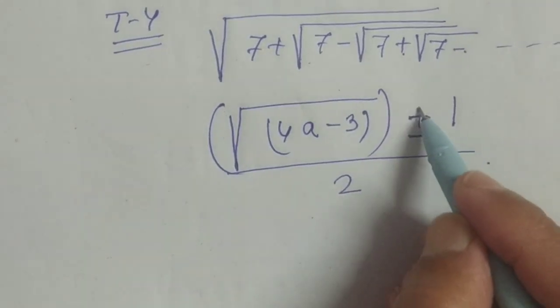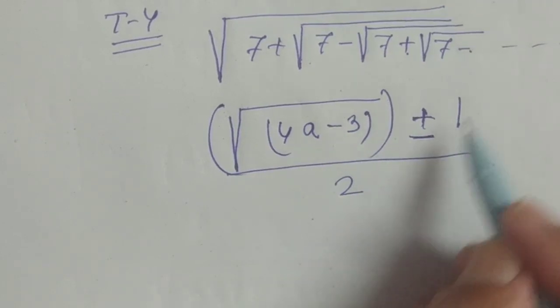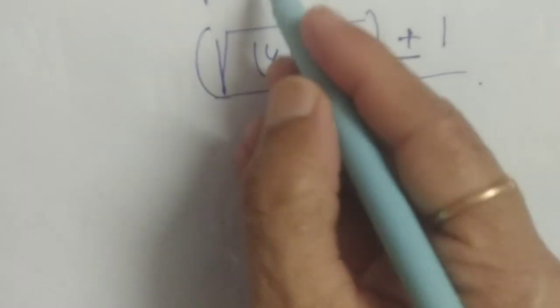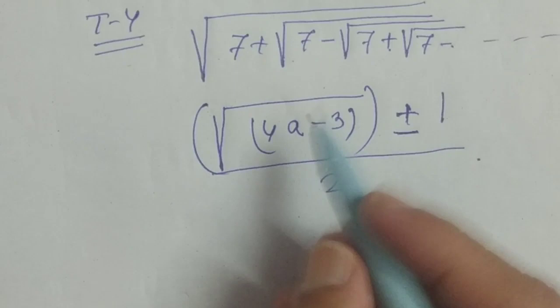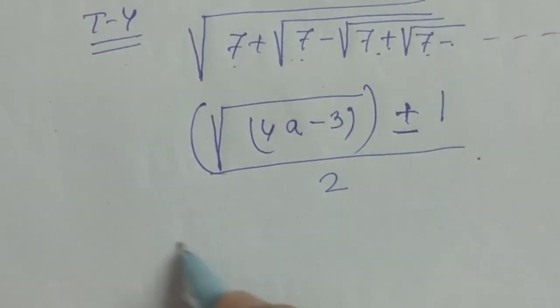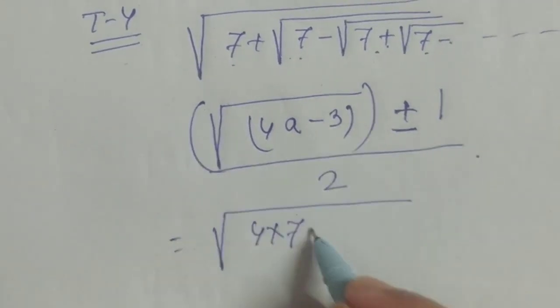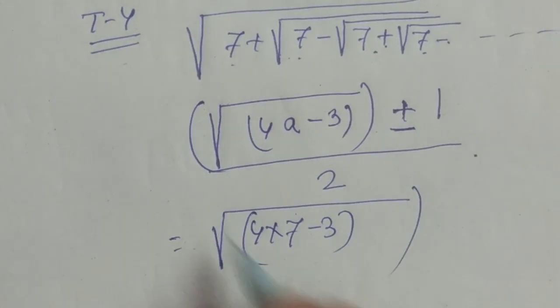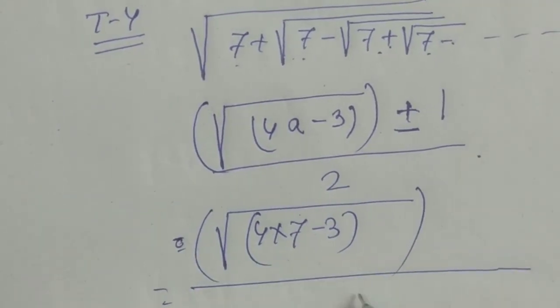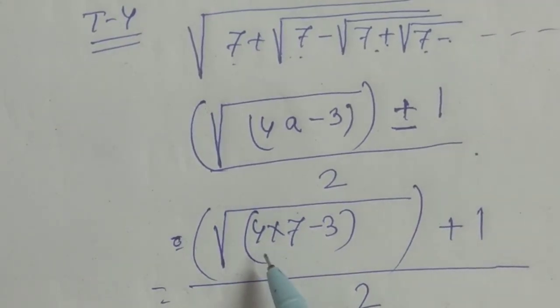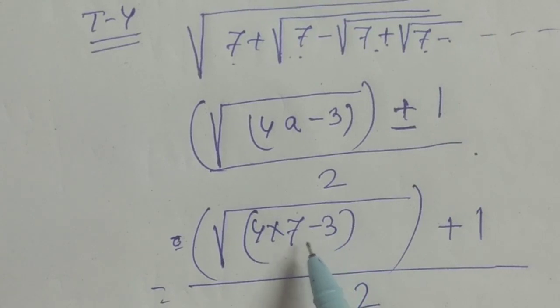So why have I written plus minus 1? Just remember, this part is very interesting. So what is the answer of this question? A is the 7 here. So the answer is root over 4 into 7 minus 3 within brackets, plus 1. 4 into 7 is 28, minus 3, equal to 25.